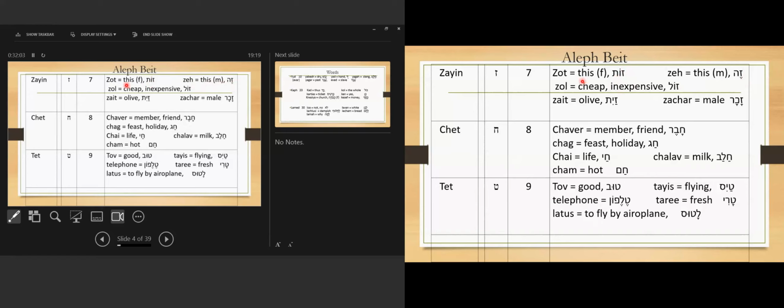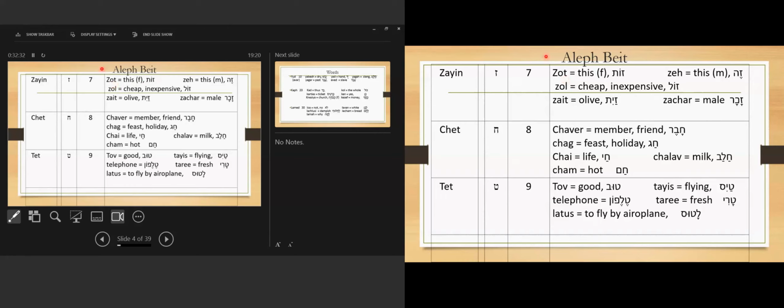Then golf is golf, and it is G, O, L. It's one of those words that's very much the same as the English word. So we will put this as an English word. Golf is golf. Okay?